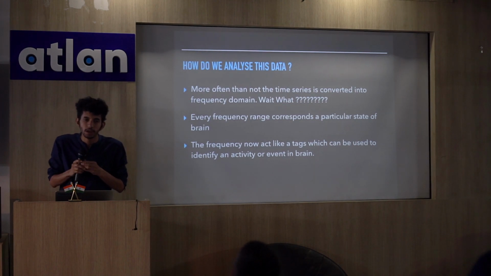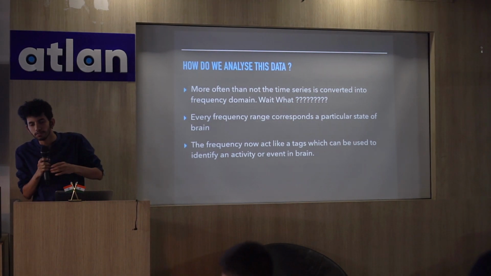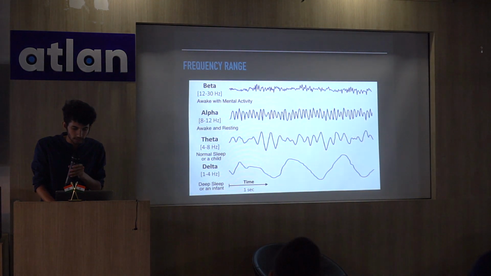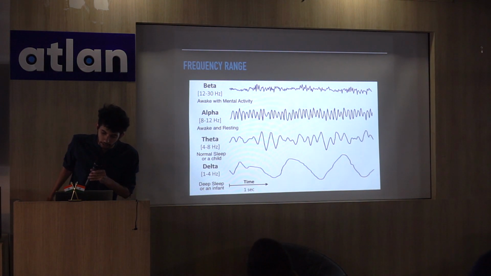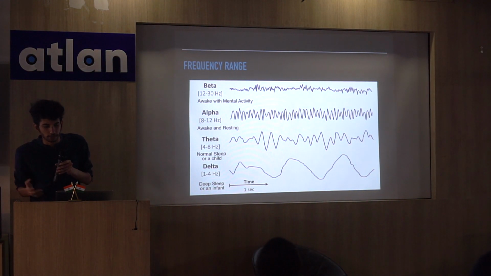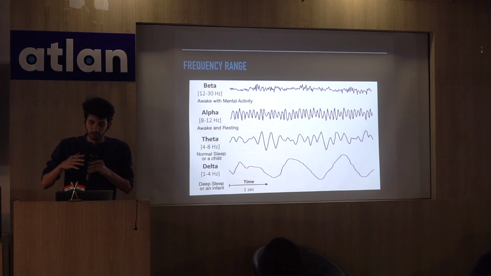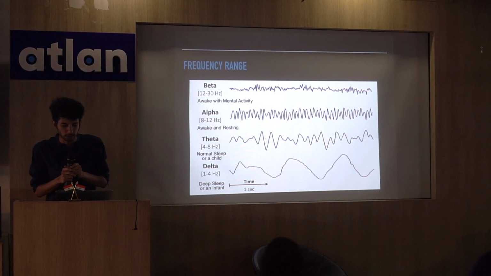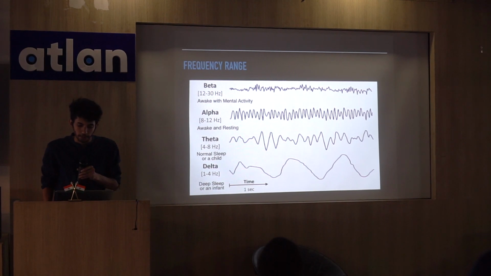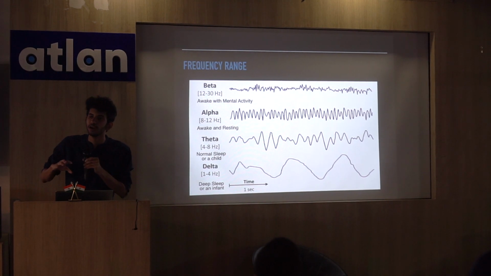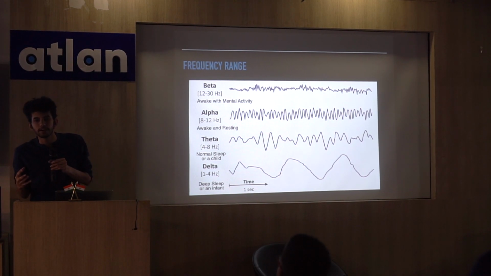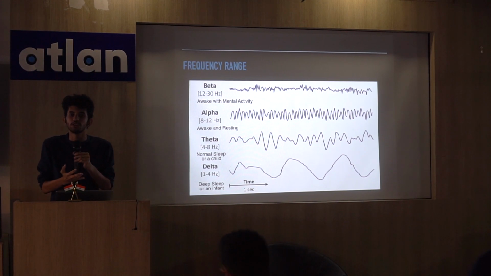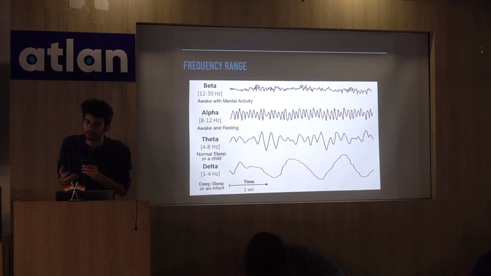For example, in EEG we have a specific set of frequencies: beta, alpha, theta, delta. There's also gamma, which I didn't mention because it's a little beyond the normal spectrum that we analyze. So every time series from the brain, when we convert it into frequency, corresponds to a particular aspect of the brain.